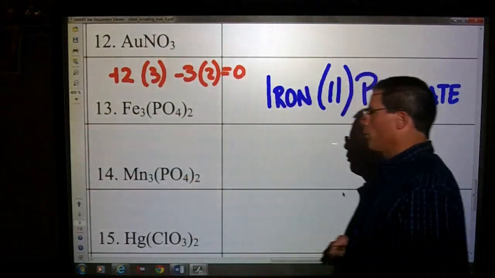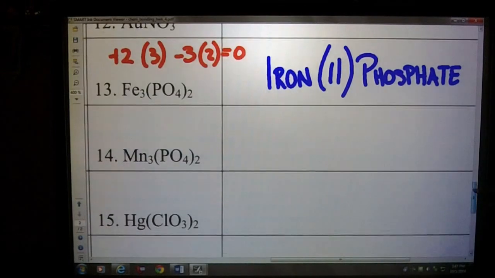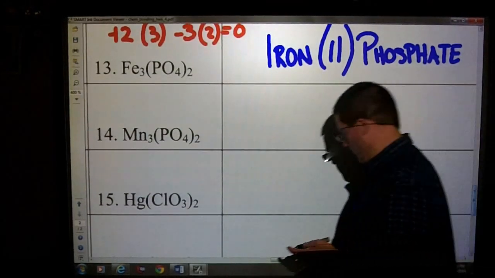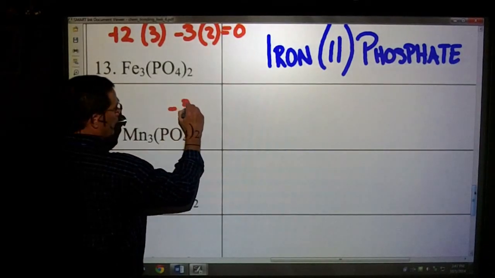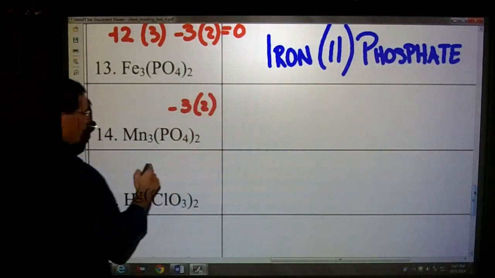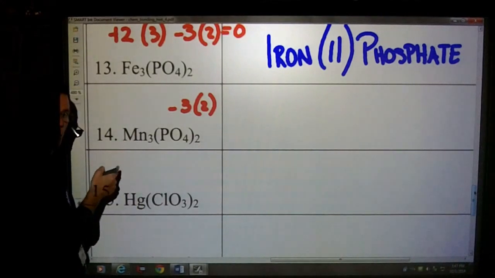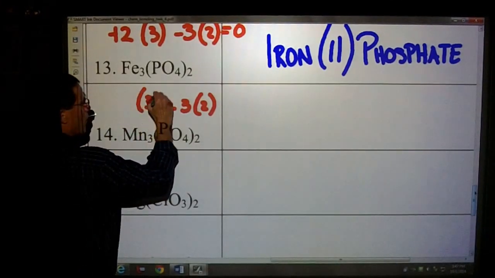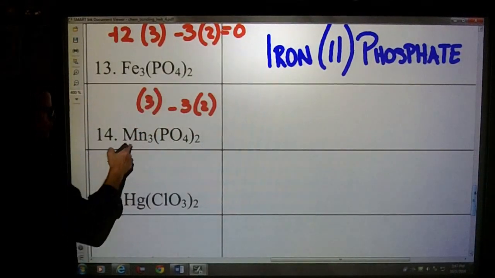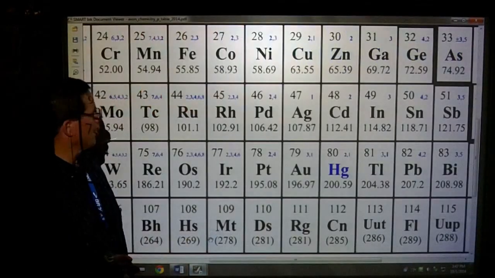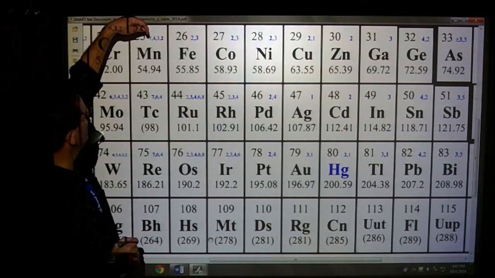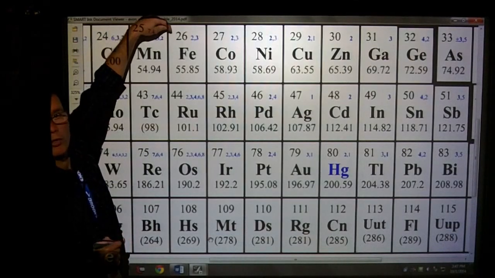All right, let's do the next one, number 14, since it's another multiple. Okay? So looking at the non-metal first, phosphate has a -3 charge. We have 2 of those. How many Mns or manganese do we have? We have 3 of those. Therefore, the charge on each manganese must be a +2 charge. Check your periodic table. Manganese can either be a 7, a 4, a 3, or a 2. There it is.